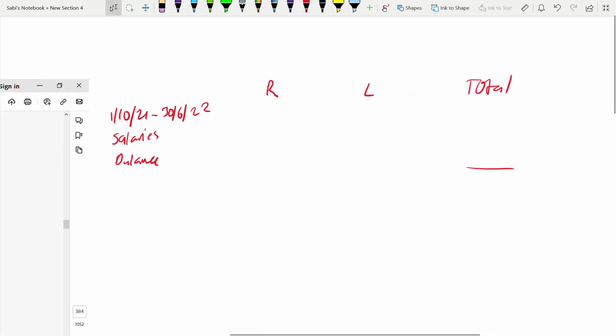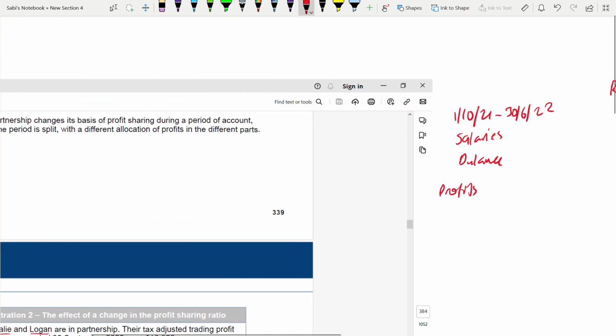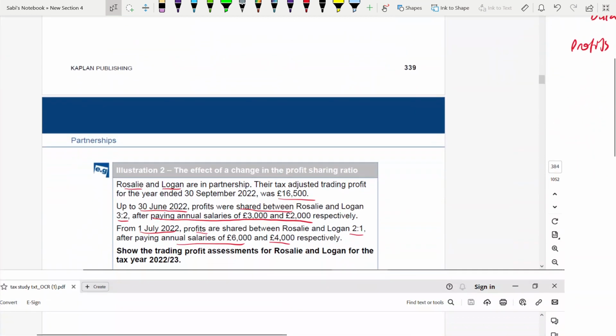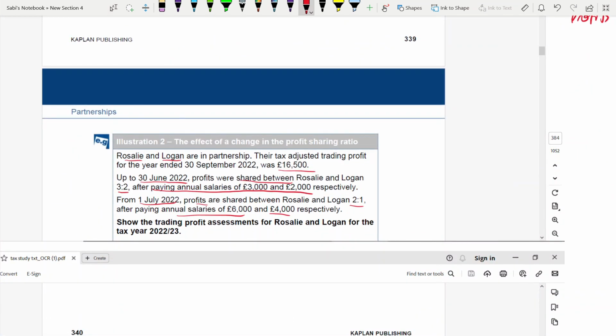Okay. What was the profit? 16,500. Even 16,500 you can't take here properly. Okay, wait. Salary you can take. What was the salary? 3,000 and 2,000. This 3,000 and 2,000 also you can't write fully, because it is only for 9 months.